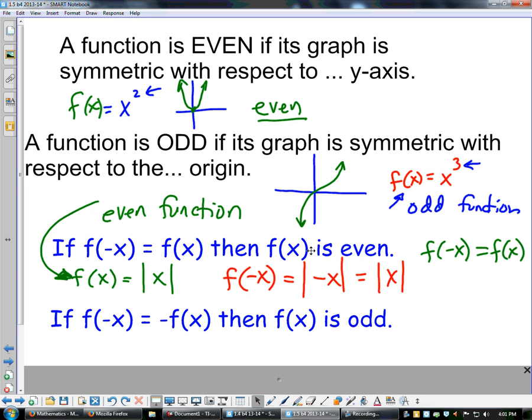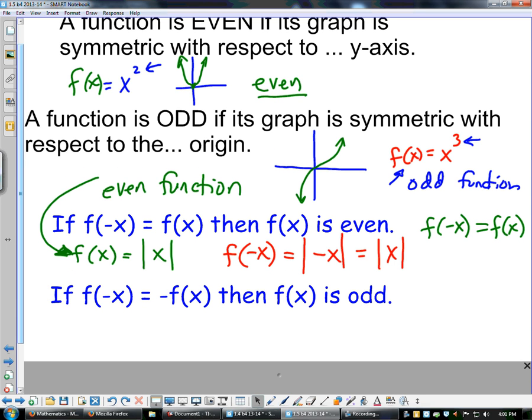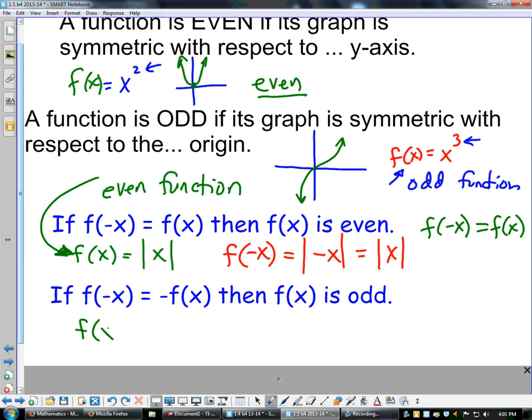All right. The test to find out whether a function is odd is going to be f of negative x. If you plug in negative x into the function, do you get the opposite of the function back again? All right. So to see if that is the case, let's try this one. Let's say f of x equals x minus 4x cubed. Let's test that out by plugging in negative x.